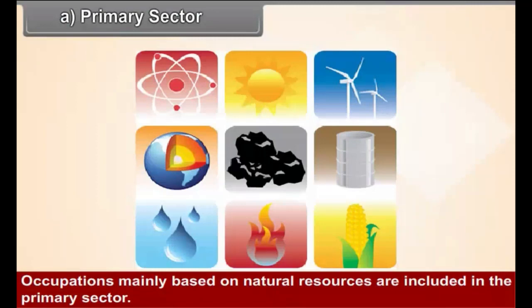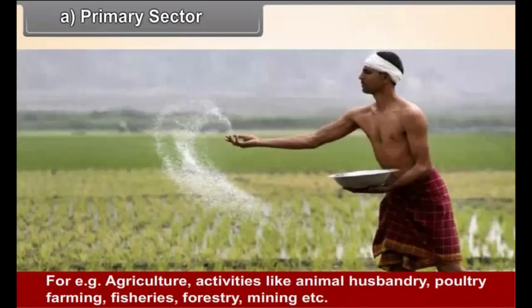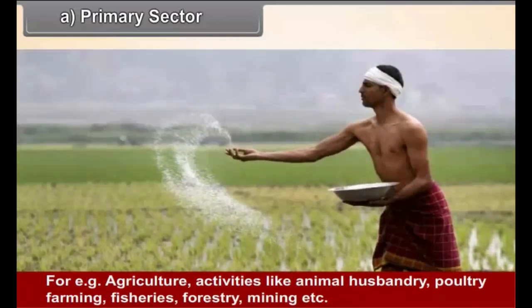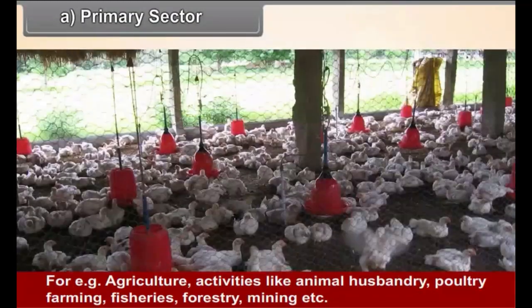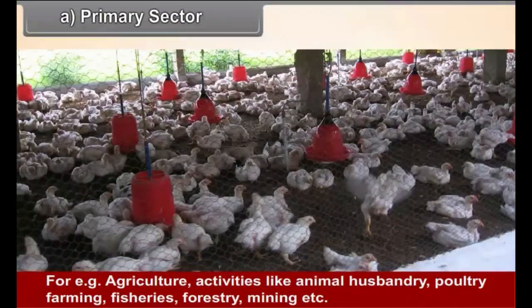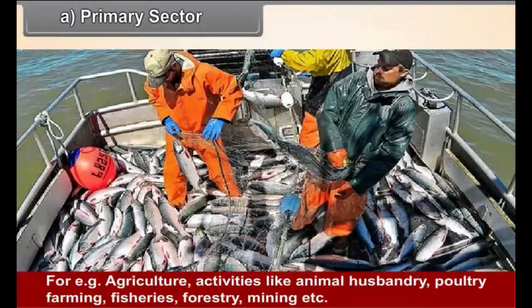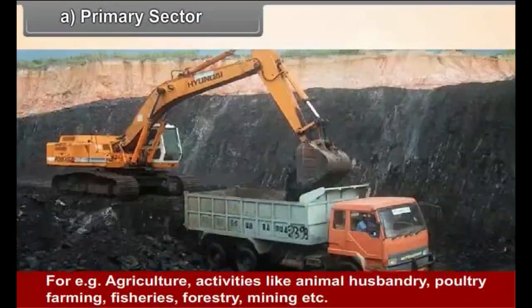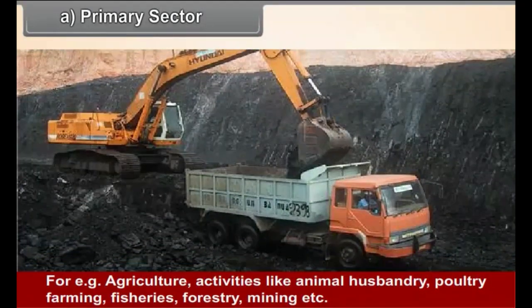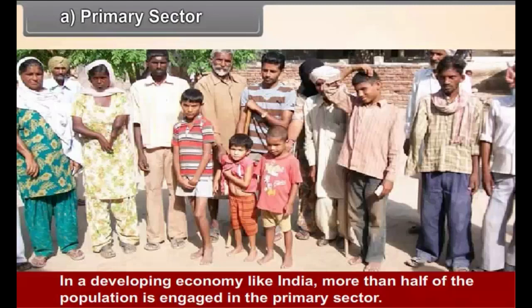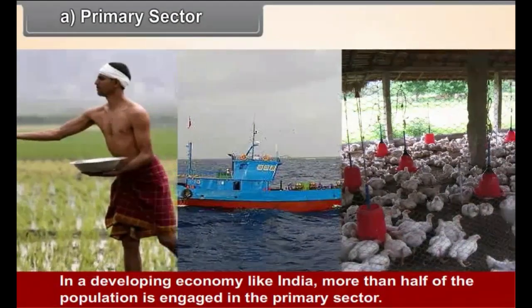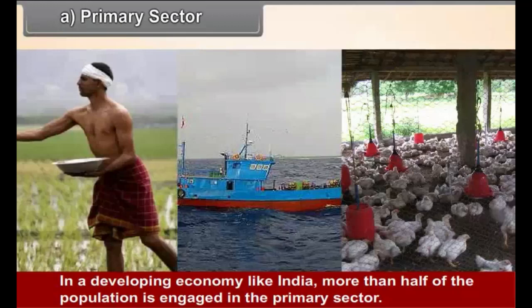Occupations mainly based on natural resources are included in the primary sector. For example, agriculture, activities like animal husbandry, poultry farming, fisheries, forestry, mining, etc. In a developing economy like India, more than half of the population is engaged in the primary sector.